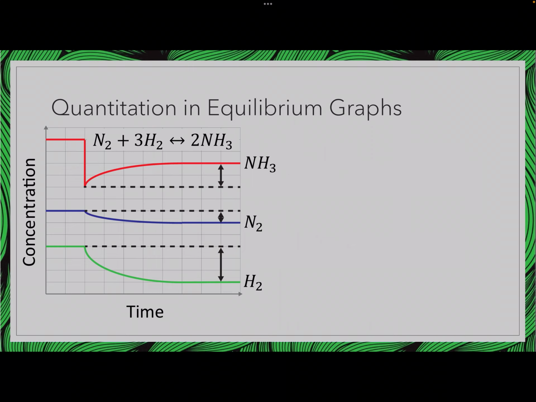As that's produced, so those 2 moles of NH3 are produced, we remove 1 mole of nitrogen and 3 moles of hydrogen. So it's in that ratio: NH3 goes up by 2, N2 goes down by 1, H2 goes down by 3. Our 2 equivalents of ammonia are produced, while 1 equivalent of nitrogen is lost and 3 equivalents of hydrogen are lost.